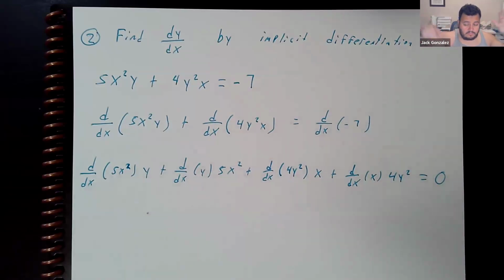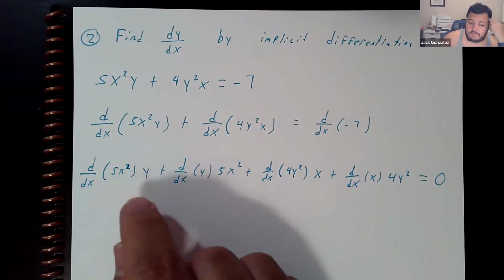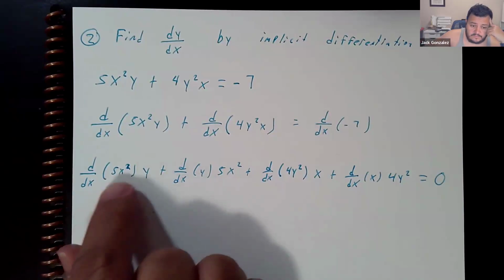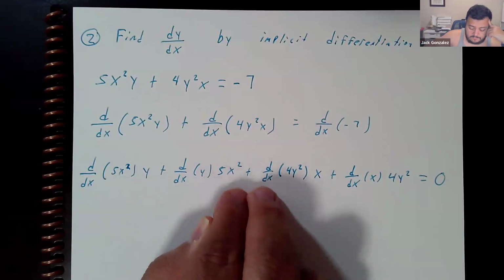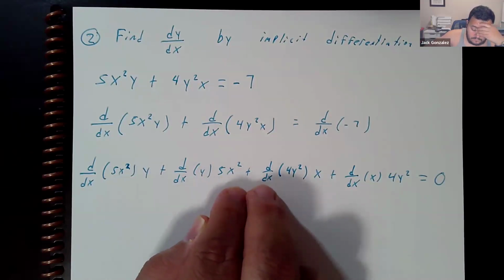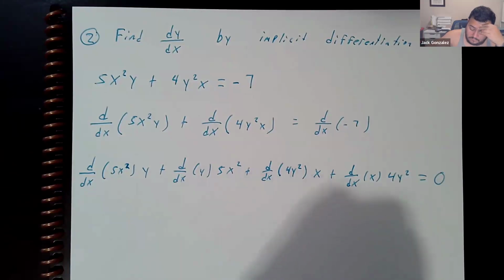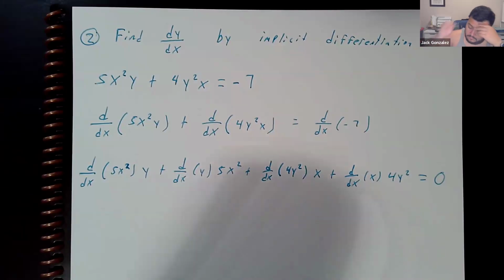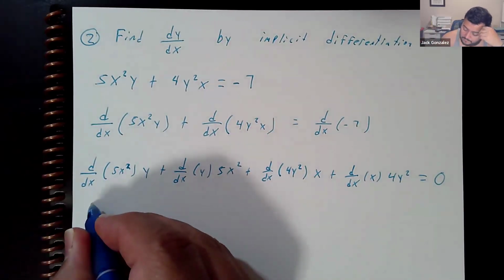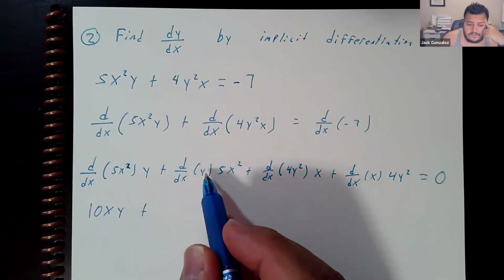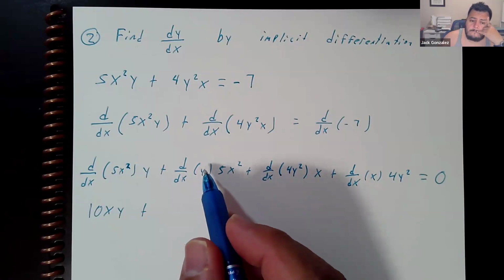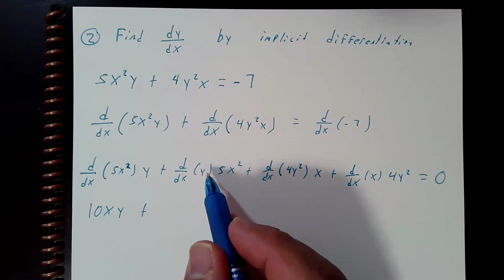So we set up the product rules, but you have to do it implicitly. Instead of using f prime g prime, I used derivative of the first part times the second, derivative of the second part times the first. So this would be 10xy plus, what's the derivative of y? dy/dx.